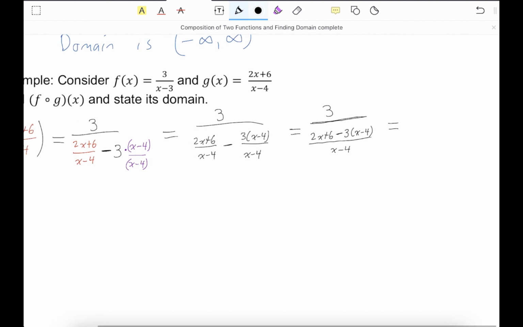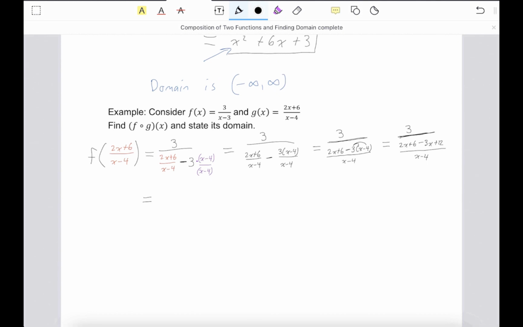I'll simplify a little bit. So 3, this is over 2x plus 6 minus 3x plus 12. Just distributing that out all over x minus 4.